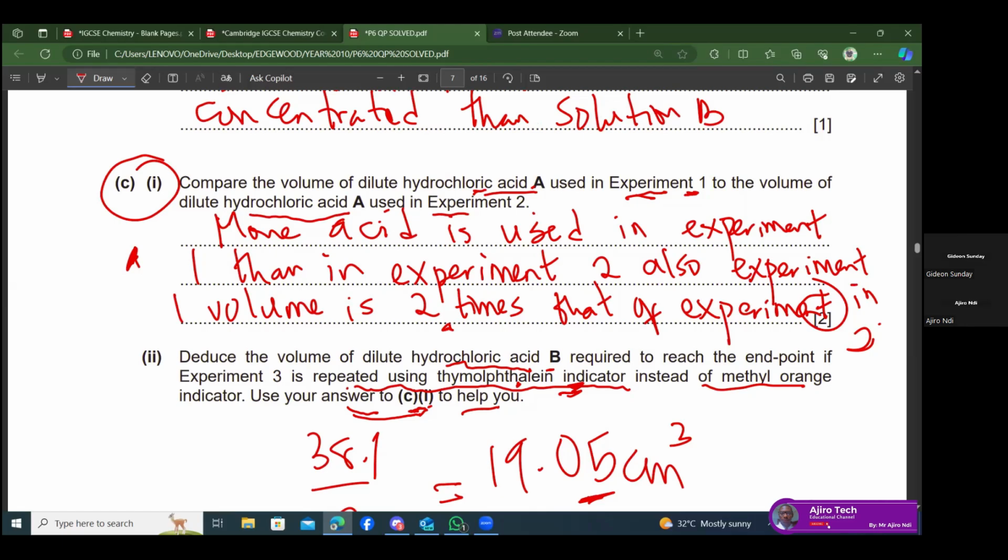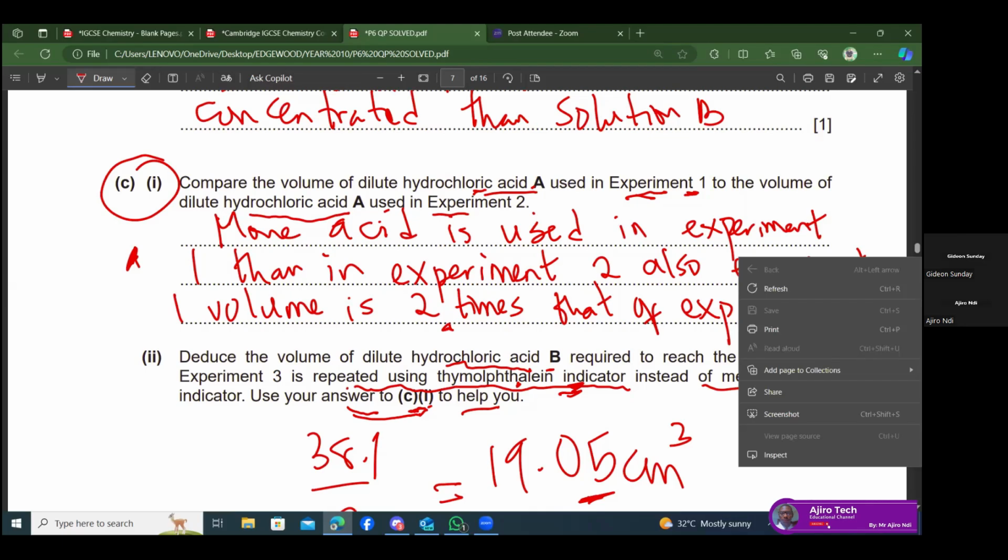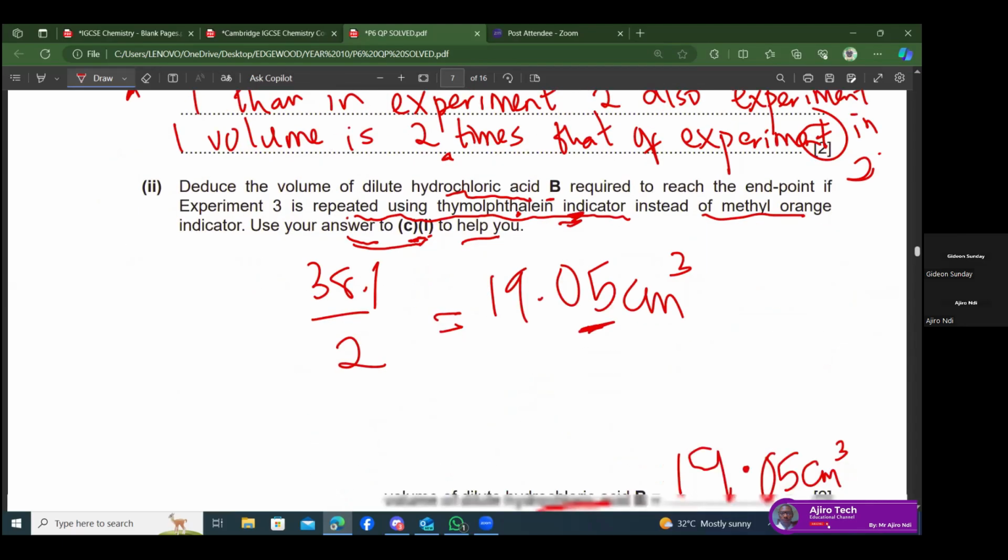Because it's 2 marks, the first mark is where you state which one is more, and the second is the comparison. So that is for that question, just by looking at the table.